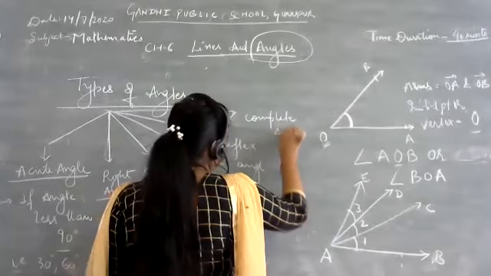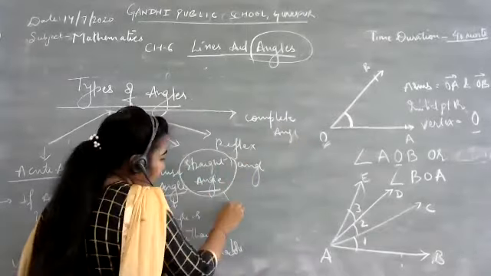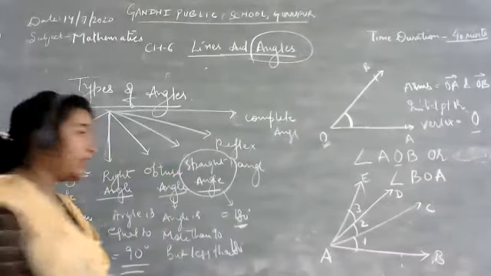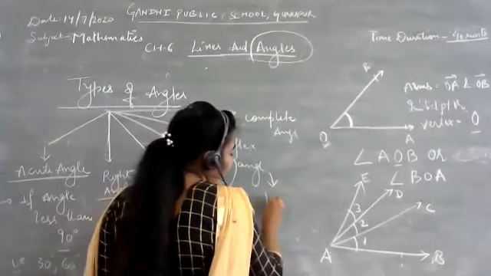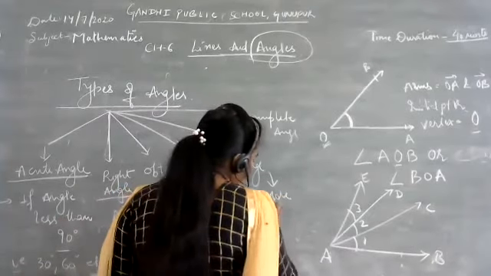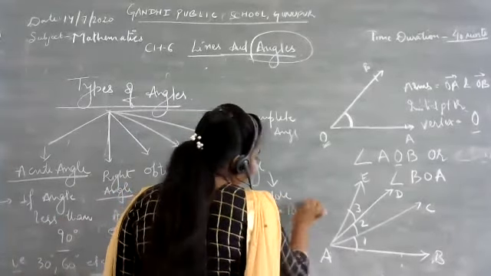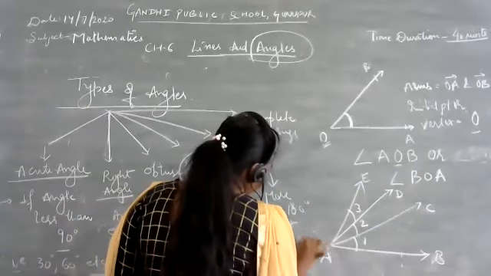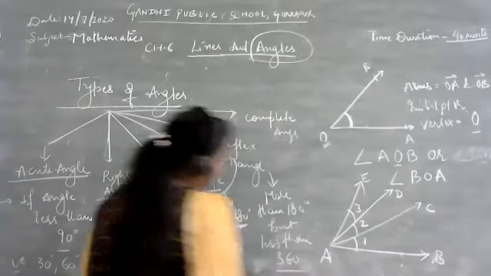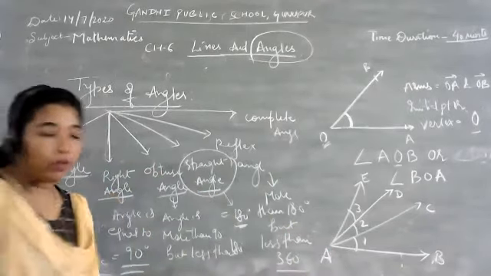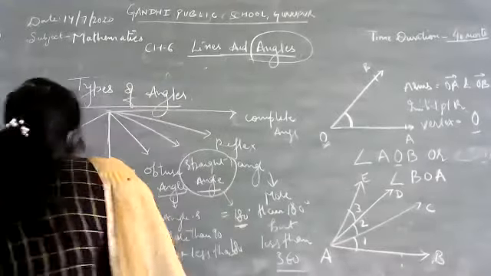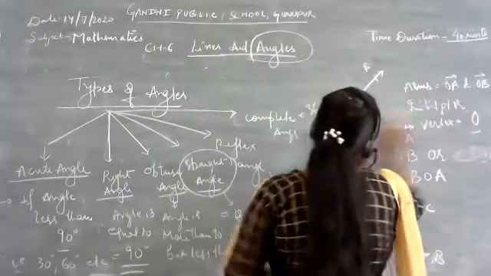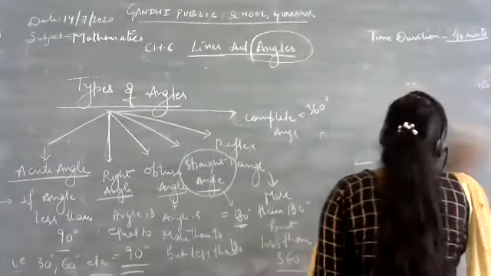A straight angle is when the angle is equal to 180 degrees. A reflex angle means an angle more than 180 but less than 360. And the complete angle is equal to 360 degrees.